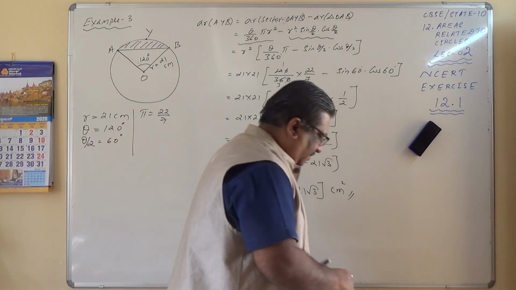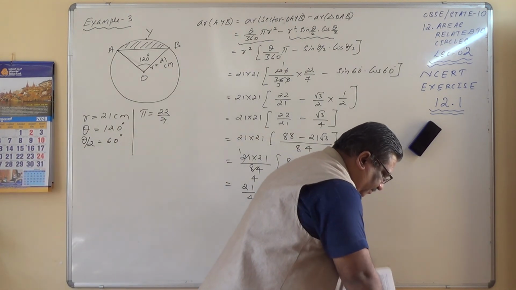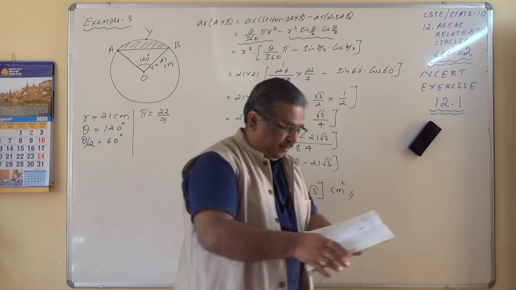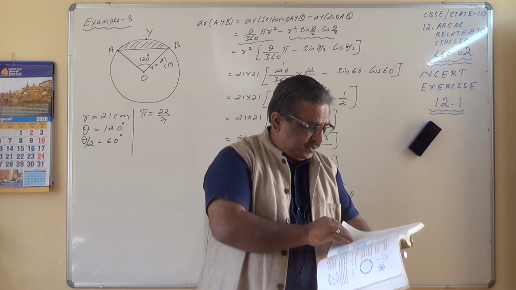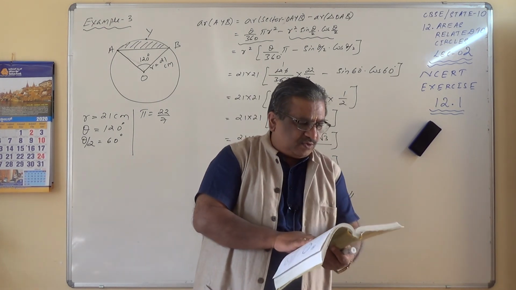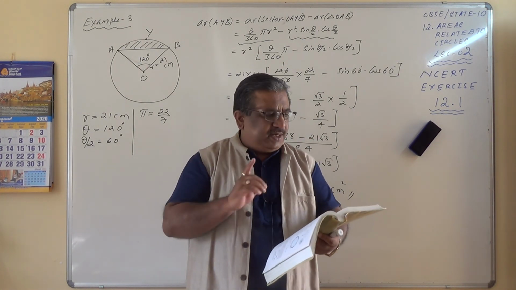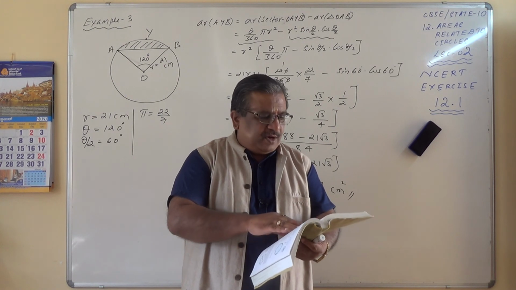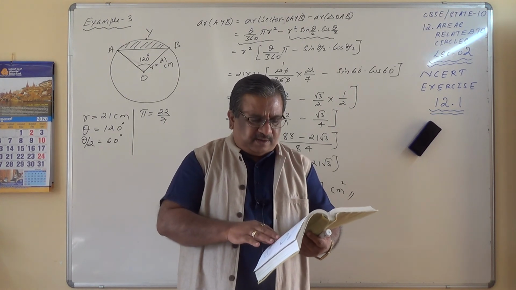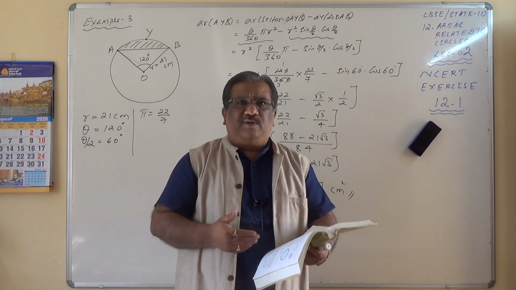Now what else is left? Example sums are done. Exercise 12.2 is there. There are 14 numericals in exercise 12.2. I'll be going through each and everything and we'll try to solve all these numericals.